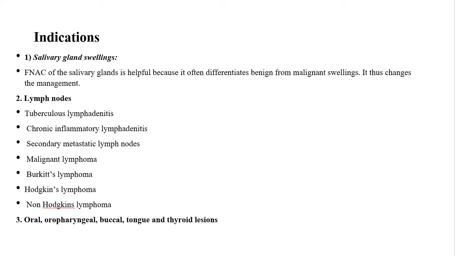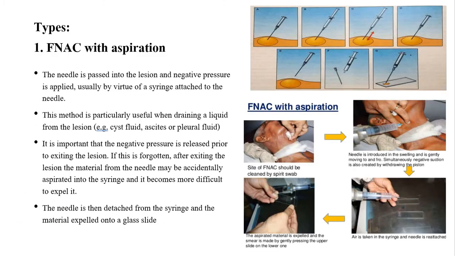It thus changes the management. Lymph nodes such as tuberculous lymphadenitis, chronic inflammatory lymphadenitis, secondary metastatic lymph nodes, malignant lymphoma, Burkitt's lymphoma, Hodgkin's lymphoma, non-Hodgkin's lymphoma, and oral, oropharyngeal, buccal, tongue and thyroid lesions.